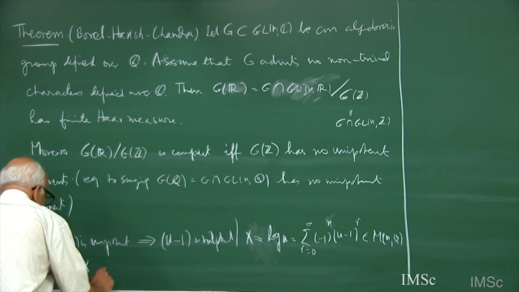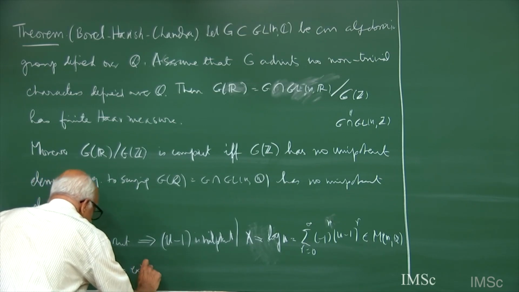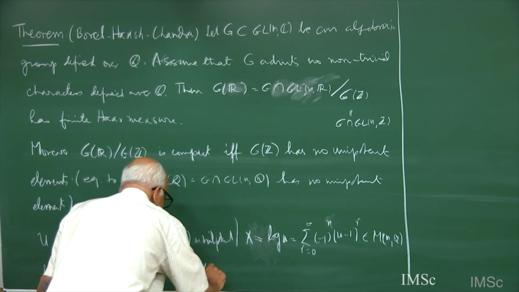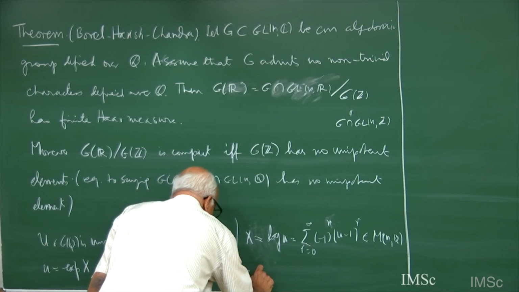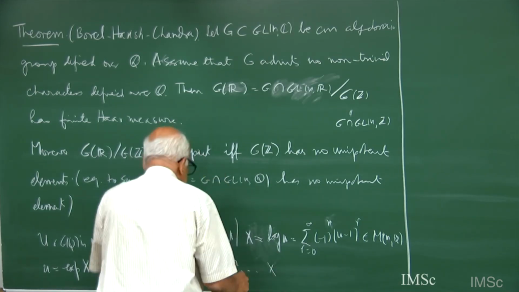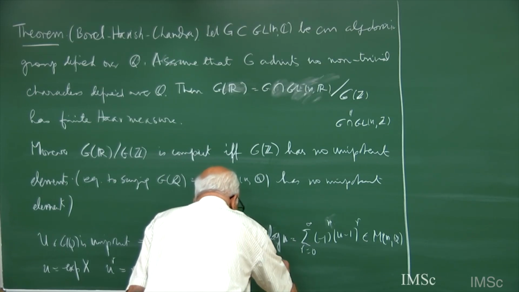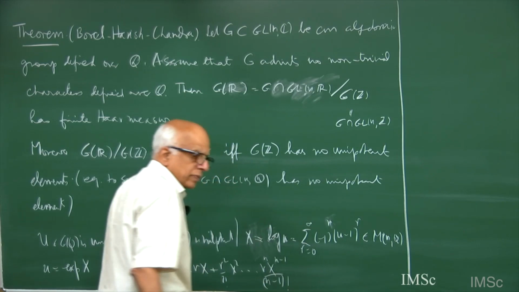So U to the r is exponential rx, which is 1 plus rx plus r squared x squared by 2 factorial, etc. It terminates somewhere; it can't go beyond n clearly, so r to the n minus 1, x to the n minus 1 by n minus 1 factorial.